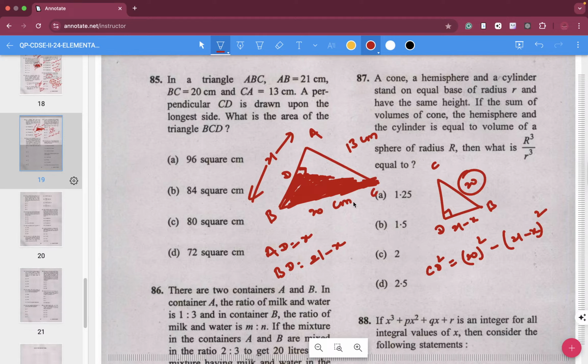Similarly from this particular triangle ADC, we can say CD square is AC square minus AD square. AC square we already know, 13 square, AD square is x square.